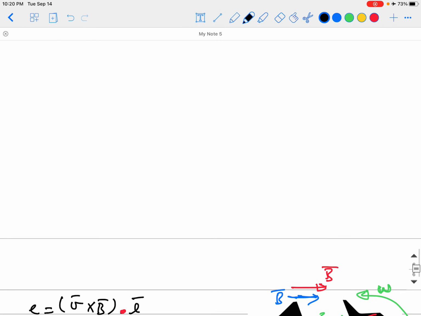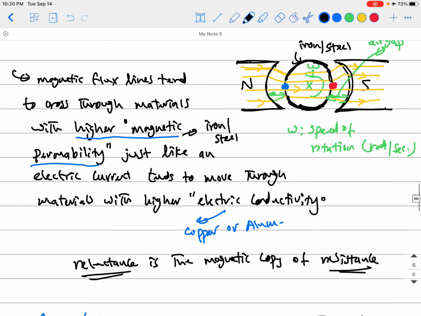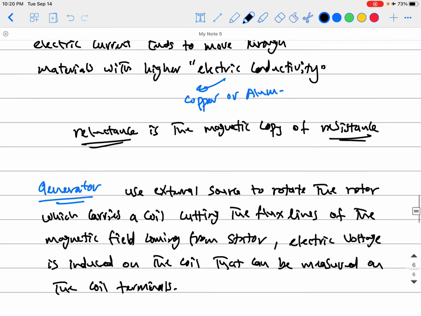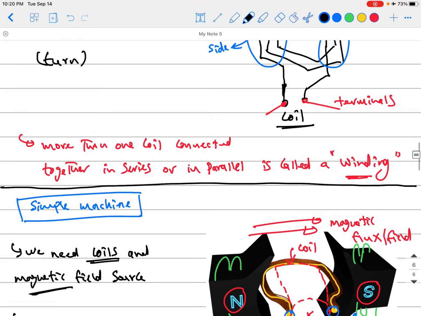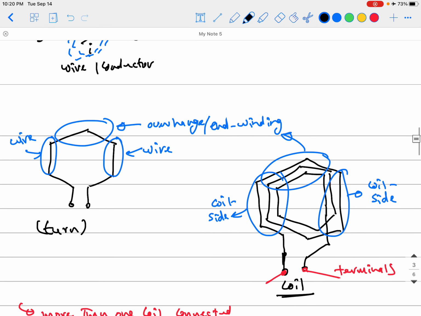And that's why if you go back here, when we just started talking about this, when I told you about the conductor coils, remember, we called this part of the turn the overhang or the end winding. We didn't consider it just a wire like those guys, because there is no induced voltage in them. They are not contributing in the energy conversion process.